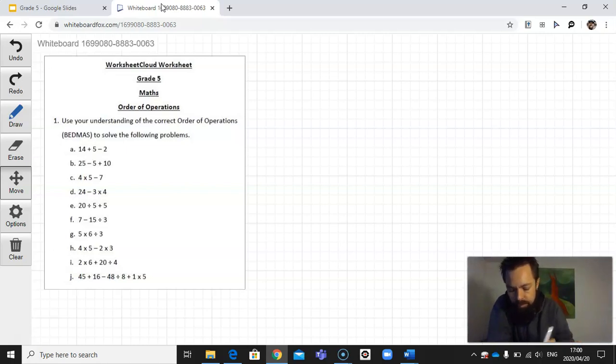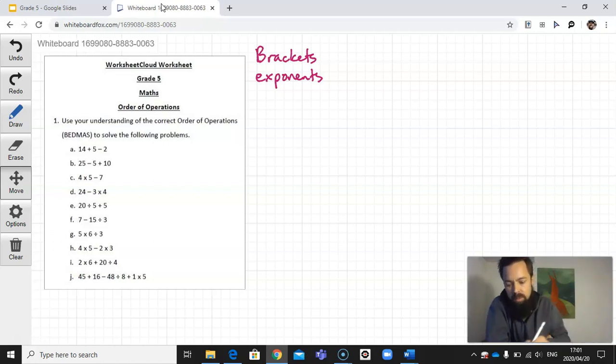So a reminder of what the different letters stand for in case you've forgotten. Brackets, exponents. We briefly touched on what those two things are yesterday. We're going to go more deeply into brackets, but all of the work from yesterday's homework doesn't include brackets or exponents.